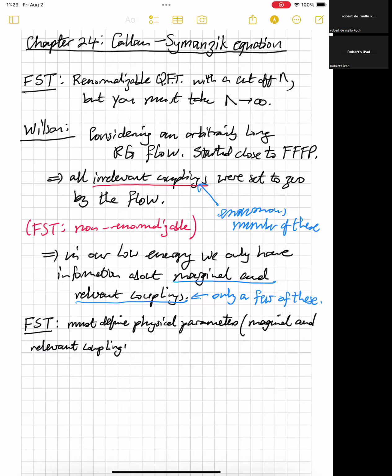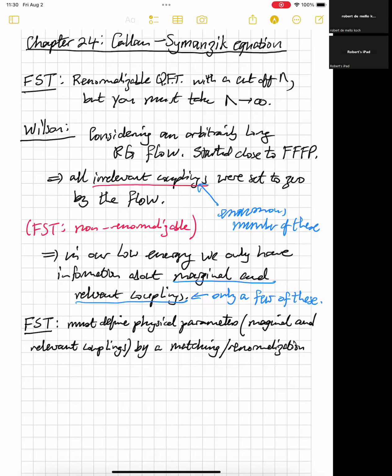So those are the physical parameters, the marginal and relevant couplings. We must define these physical parameters by a matching condition, or this is often also called a renormalization condition.